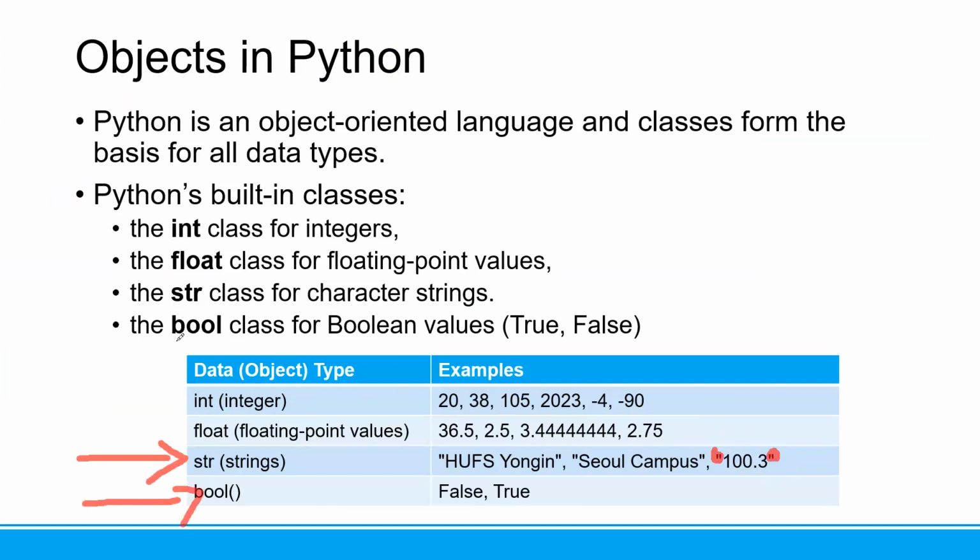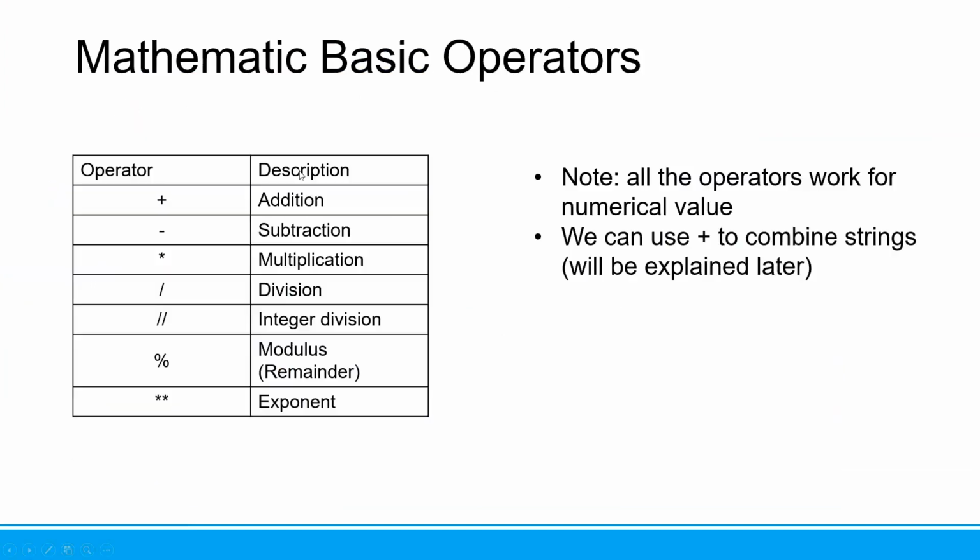Boolean. What is Boolean? It has two values, true and false. So now we have the basic mathematical operators, and we will learn those operators.